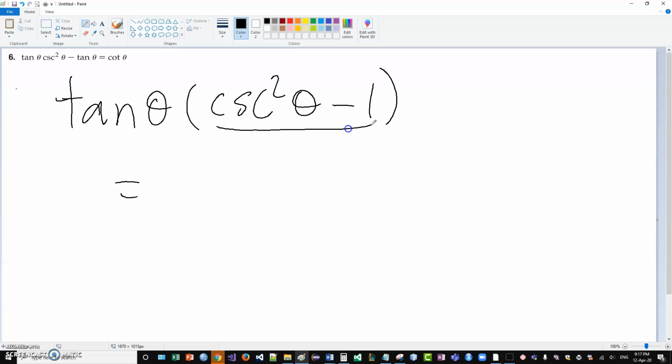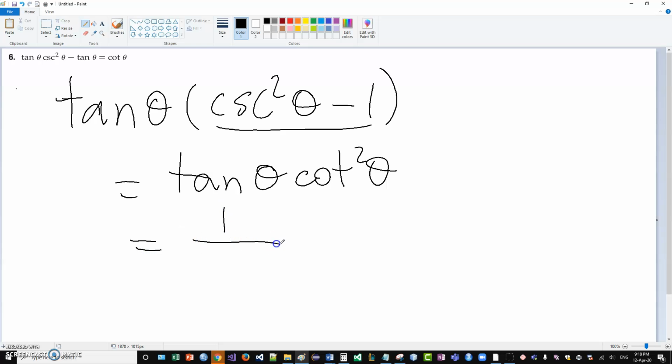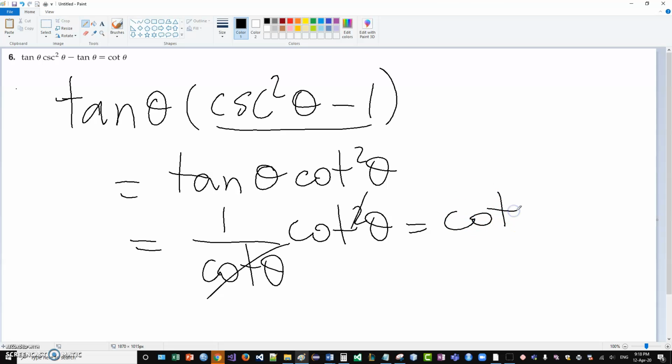This one is cotangent squared, so it's tangent times cotangent squared theta. Now tangent is 1 over cotangent, so 1 over cotangent theta times cotangent squared theta. This cancels with this, so we're left with just cotangent theta. And that's again what we have on the right side of the equation.